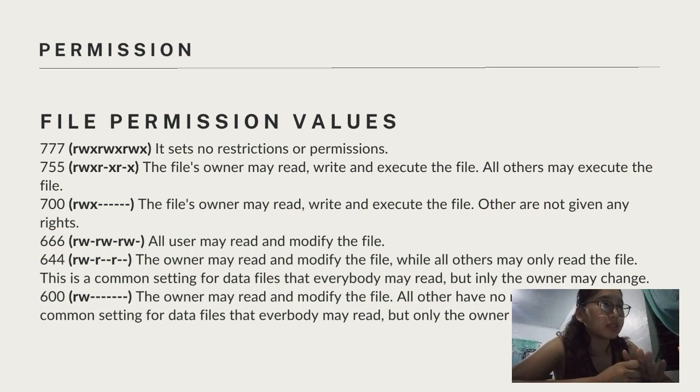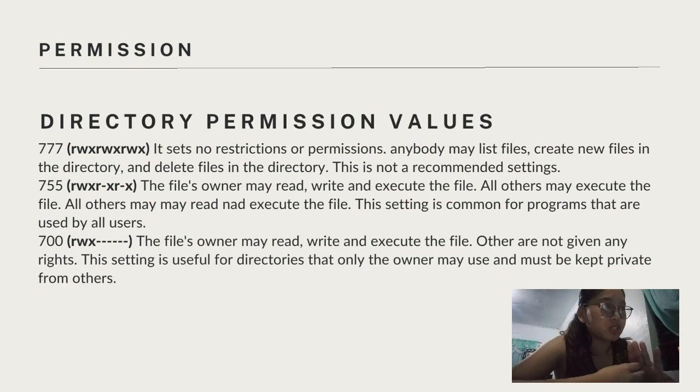Okay, 400. 400 indicates read permission for the owner. 600 indicates read and write permission for the owner. Okay, again 400 is for read permission only, pero para sa owner lang. 600 is for read and write permission, again for the owner lang.